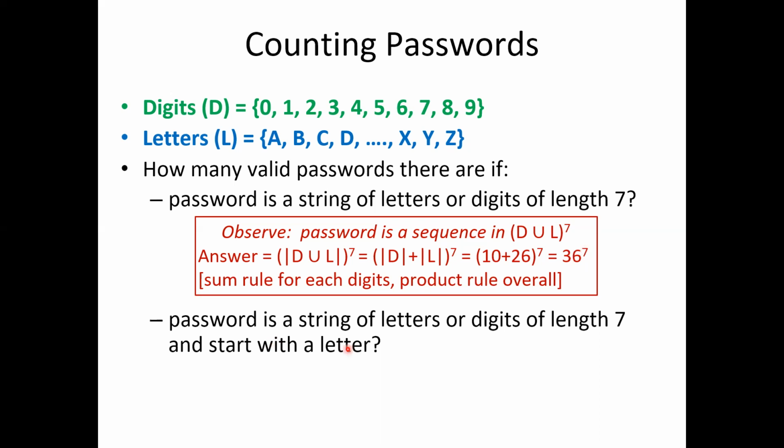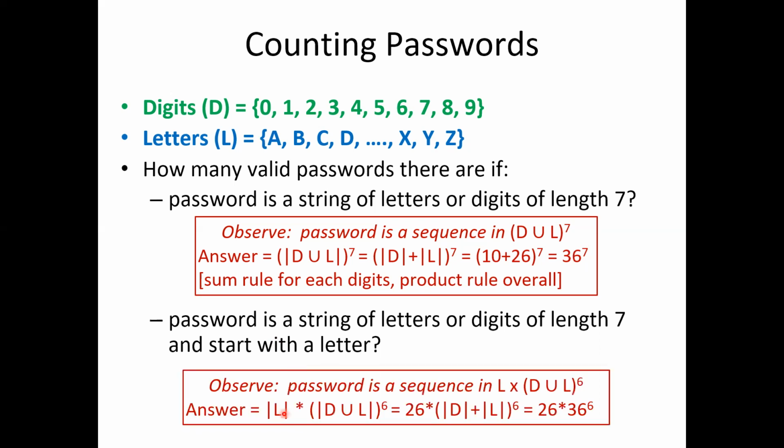And what about this first character? It has to be a letter, so it's from a reduced alphabet. So the first choice is from letters, and the next 6 choices are from the extended alphabet. So it's 26 for the first choice, times 36 to the 6th for the 6-long string over this combined alphabet.